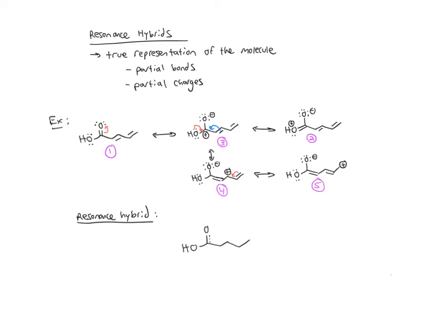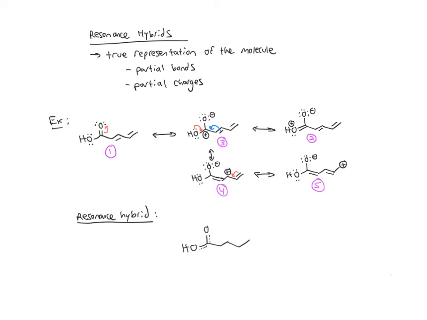What we also see, looking to the left of the molecule, is a single bond here, here, but here there's a double bond, and so that's going to be a partial bond as well, because in all the other structures it's a single bond, but in this one it's a double bond. So we do have to account for the fact that sometimes those electrons can move like that and give us a double bond there.